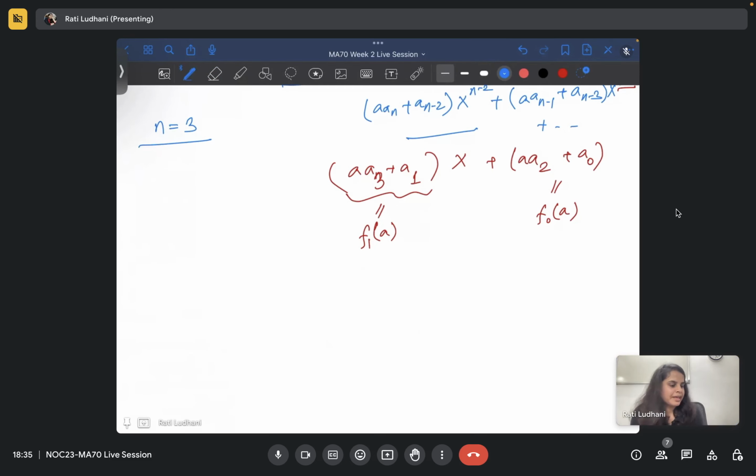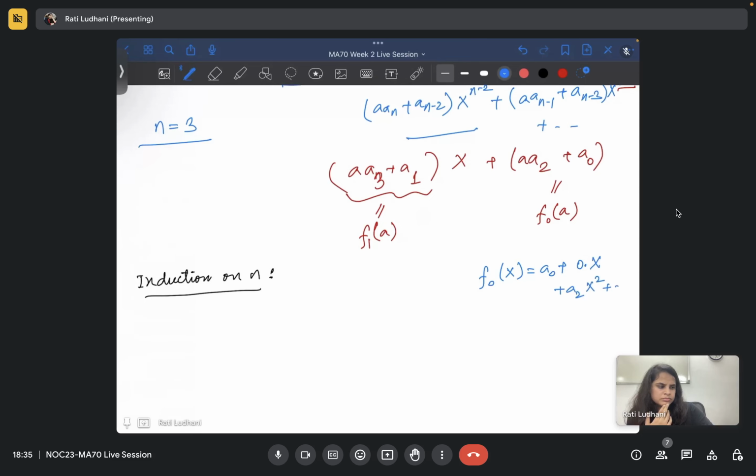Okay, great. So let's apply induction on n. But that need not necessarily be true, right? Like if I define f naught of x as a naught plus 0 times x plus a2 times x square and so on and so forth, it need not actually just be f naught of x square, is what I'm trying to say.